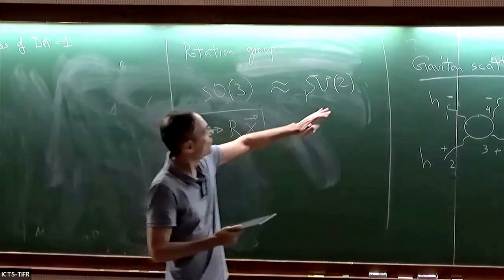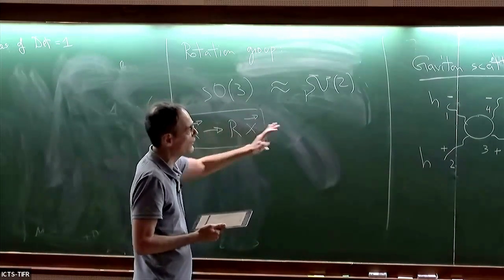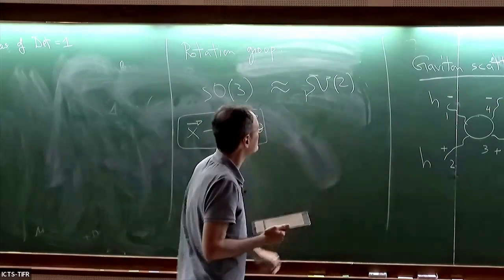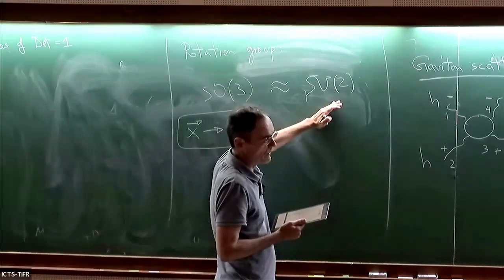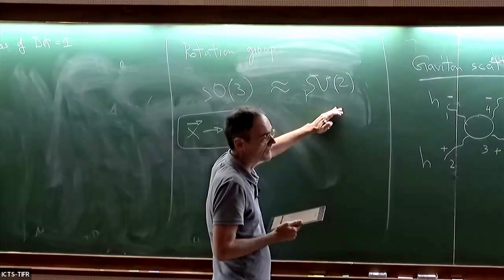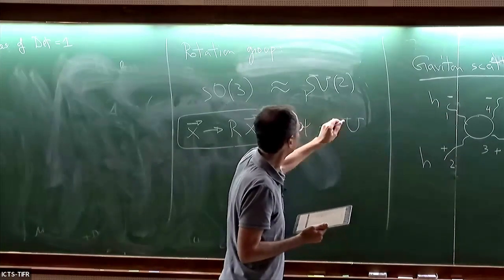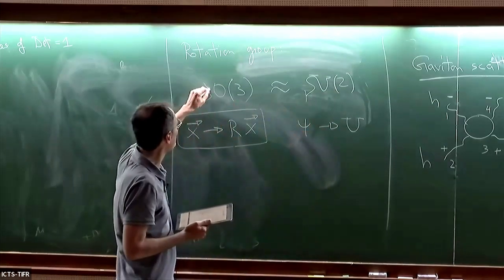But you also know from quantum mechanics that you can get the spin 1 representation from the fundamental of SU(2), where the fundamental is the spinor. You have a spinor and a 2 by 2 complex unitary matrix of determinant 1; remember the S means determinant 1.